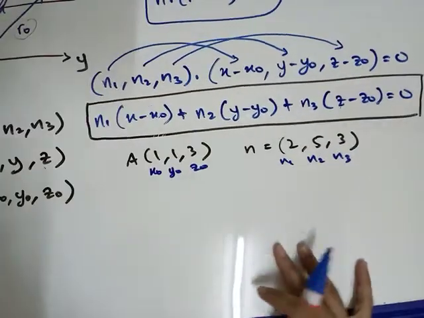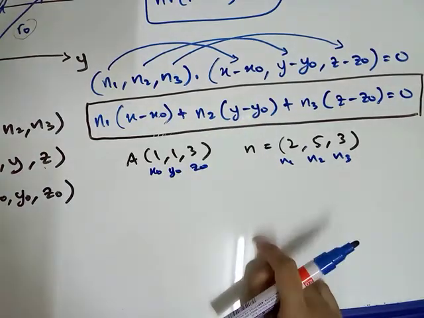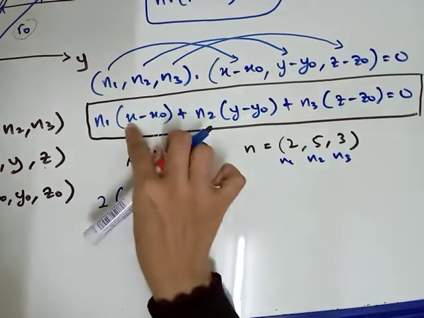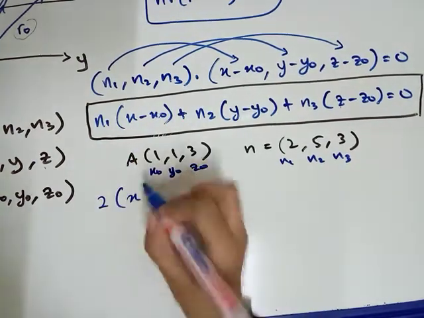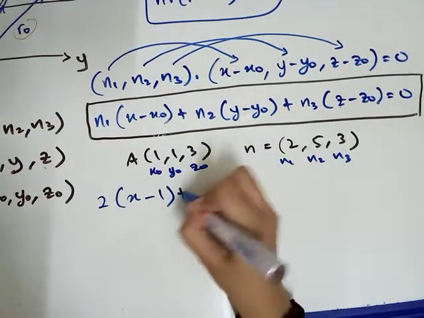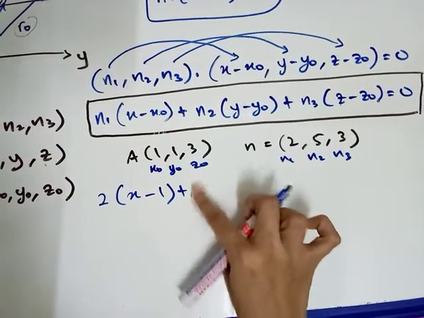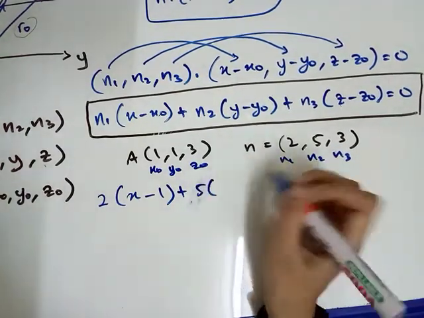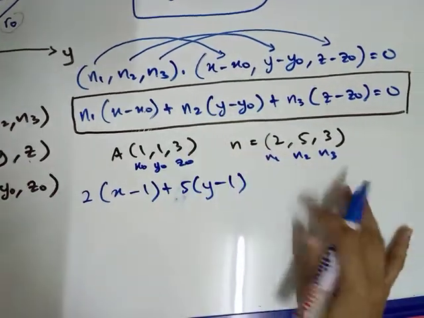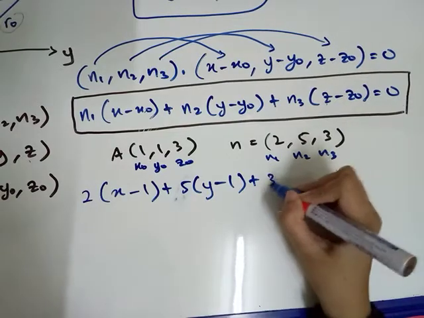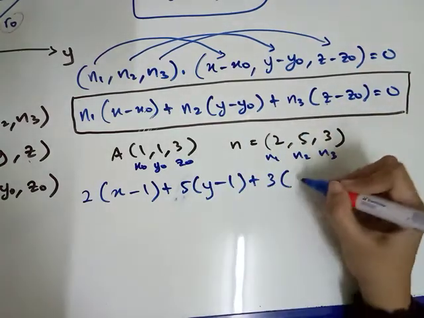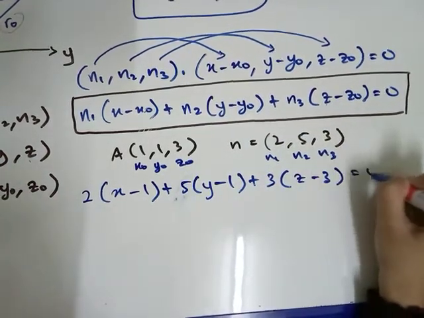We substitute into the general form. n1 is 2, so 2 times x minus 1, plus n2, which is 5, times y minus 1, plus n3, which is 3, times z minus 3, equal 0.